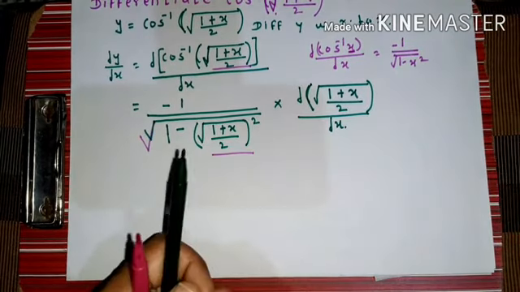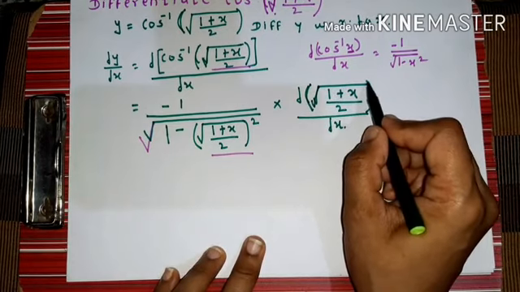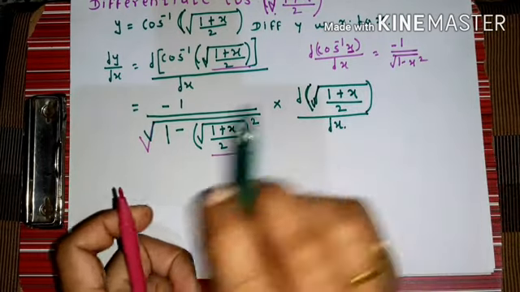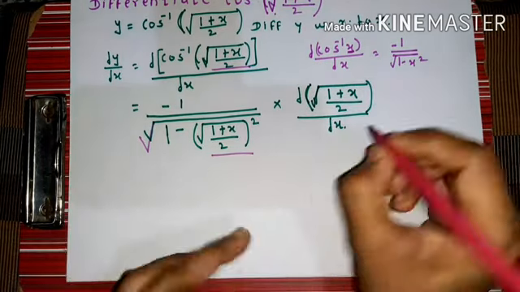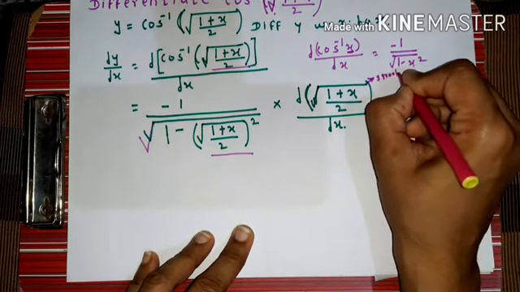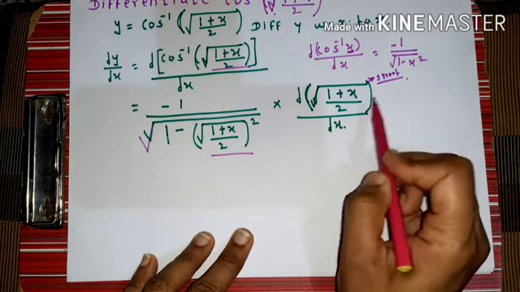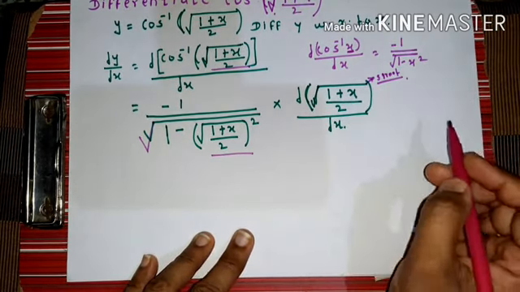The given function is a square root function, and the outermost function is the square root function. And therefore according to the square root formula we have to differentiate.